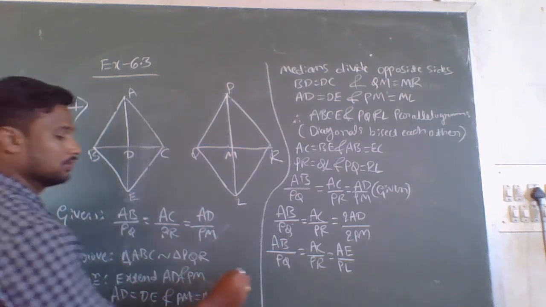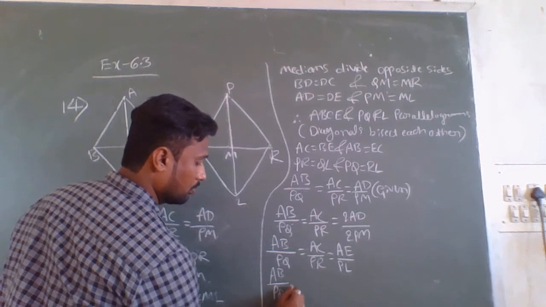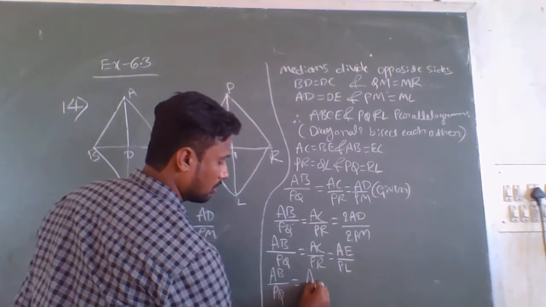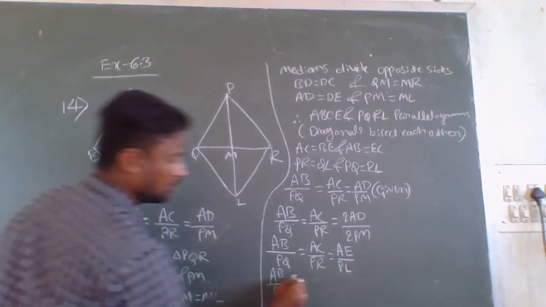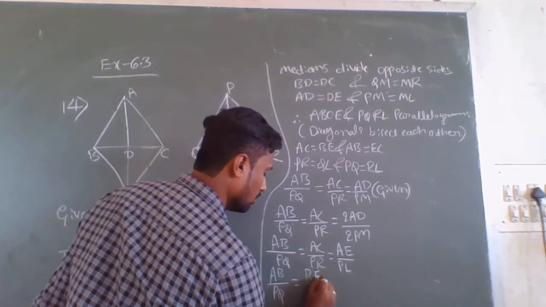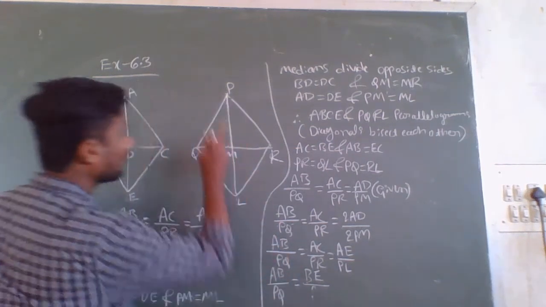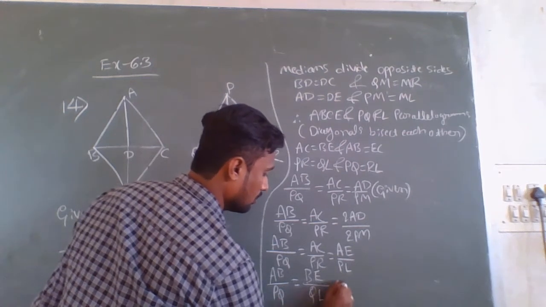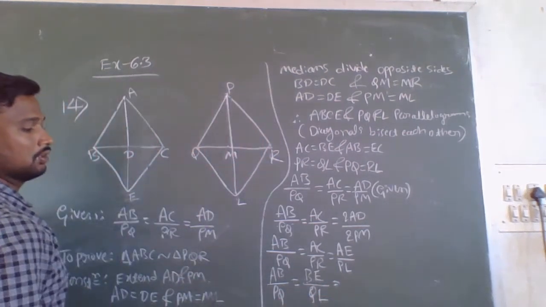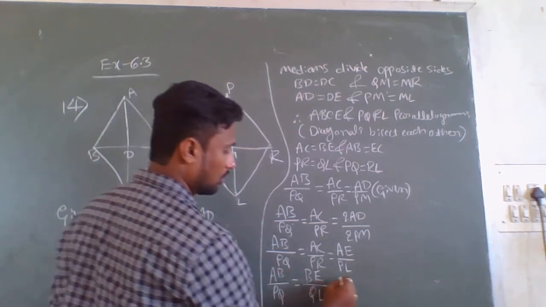Right, here AB by PQ is equal to BE by QL, equals AE by PL.